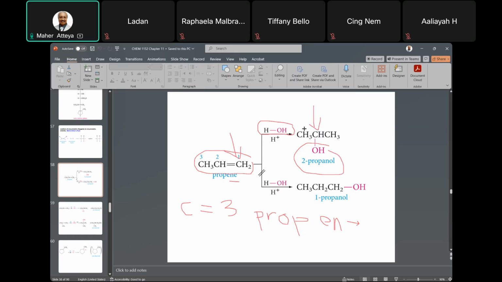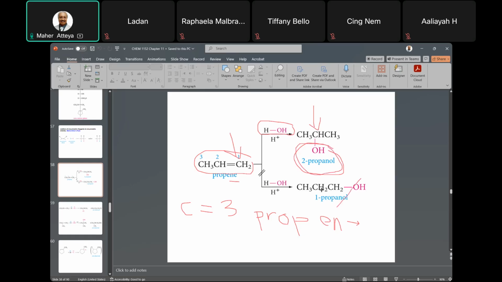Nobody will ask you, but at least you know the OH at carbon 2 makes a secondary carbocation, and the secondary carbocation is more stable than the primary one. The best one, the most stable and most favored, is the tertiary.